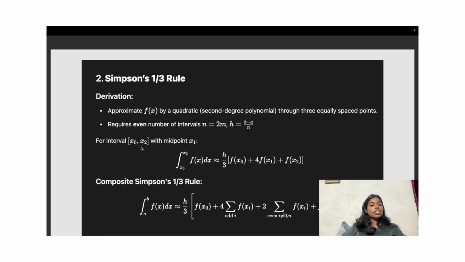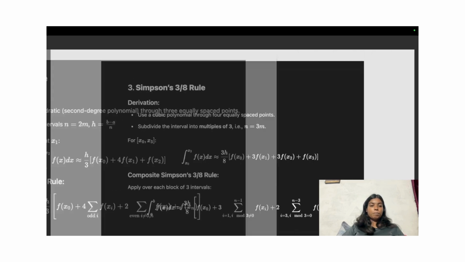For the interval [x0,x2] with midpoint x1, the integral from x0 to x2 of f(x) dx equals h/3 [f(x0) + 4 f(x1) + f(x2)]. The composite Simpson's 1/3 rule: the integral from a to b of f(x) dx equals h/3 [f(x0) + 4 summation over odd i of f(xi) + 2 summation over even i not equal to 0 and n of f(xi) + f(xn)].